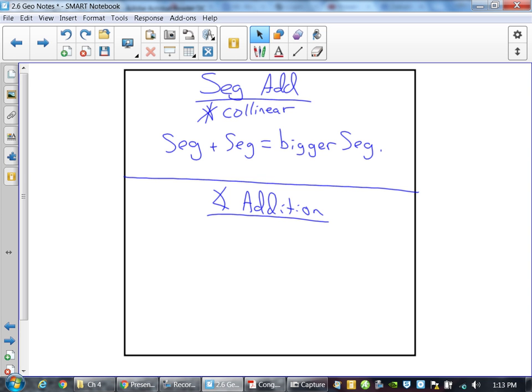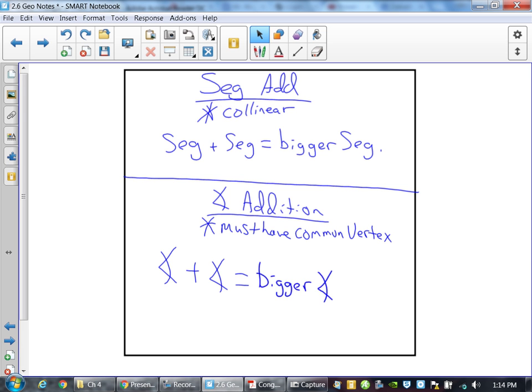They have to have a common vertex. And then angle addition was angle plus angle equals bigger angle.